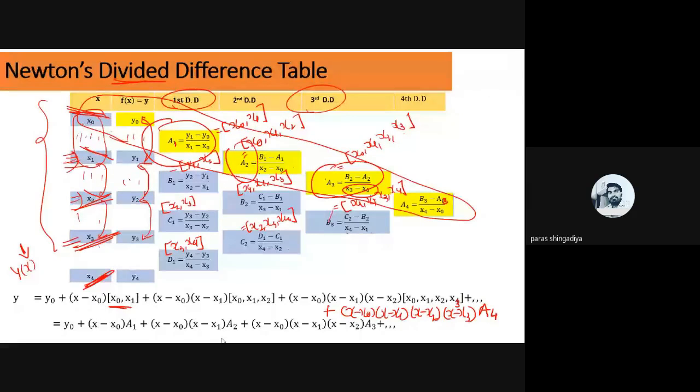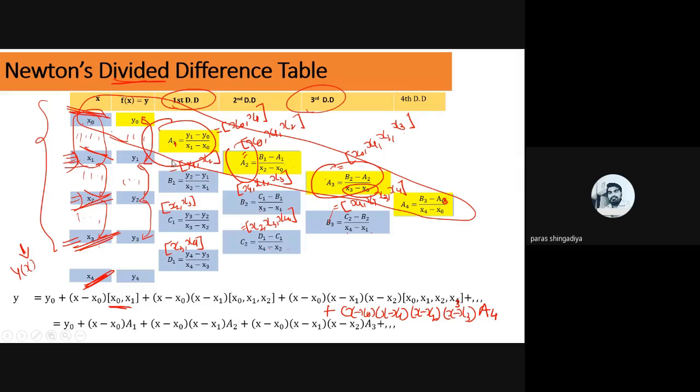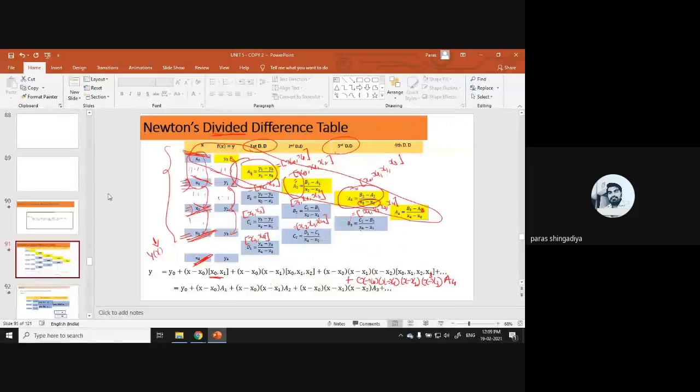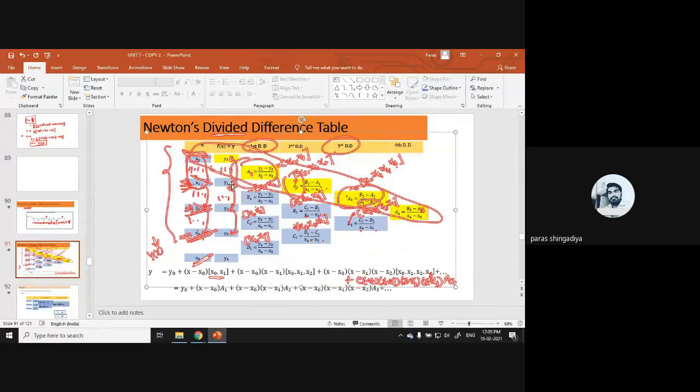Okay, so examples related to this topic we'll discuss in the next lecture. You just take a screenshot of this difference table and check it two times, means verify each and every value, how we can predict that, and which value we'll consider in this formula.